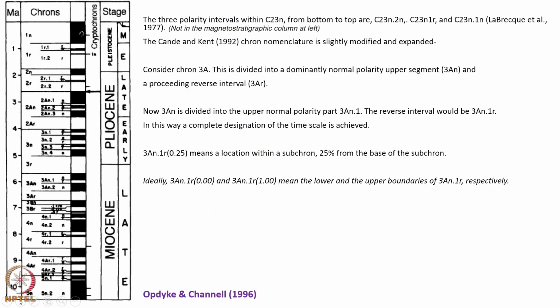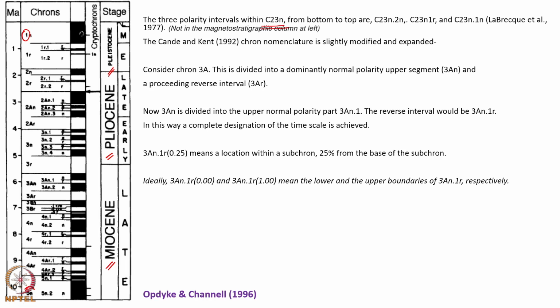Let us look at the magnetostratigraphic succession for the Miocene, Pliocene and the Pleistocene time. Magnetic polarity zones have been numbered right from 1 at the top, that means youngest, and over here at the bottom of Miocene as number 5. We are going to focus on the 3 polarity intervals within C23N.